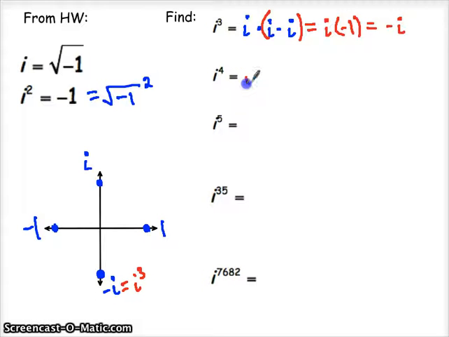Well, i to the fourth is i squared times i squared, which would be -1 times -1, which comes out to 1. So again, this is the same thing as i to the fourth.